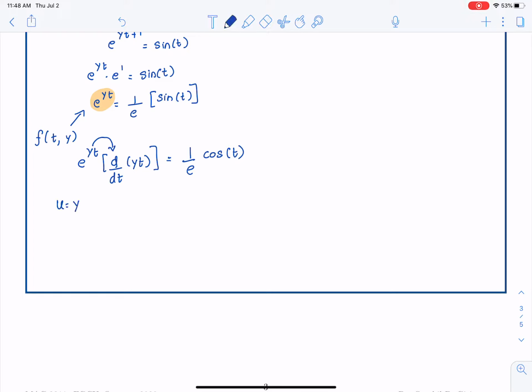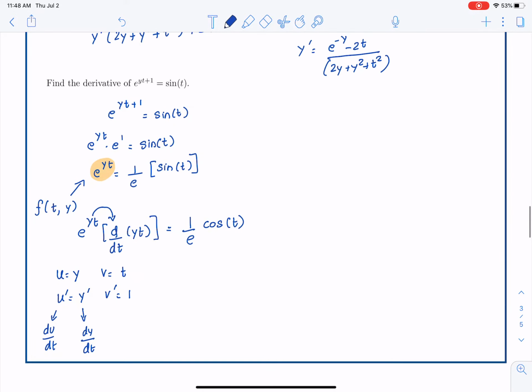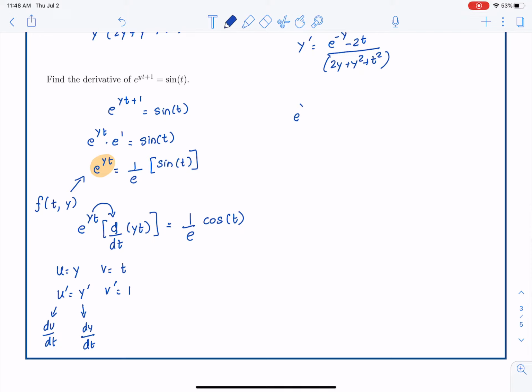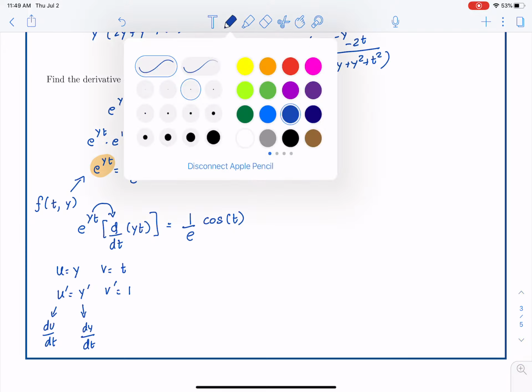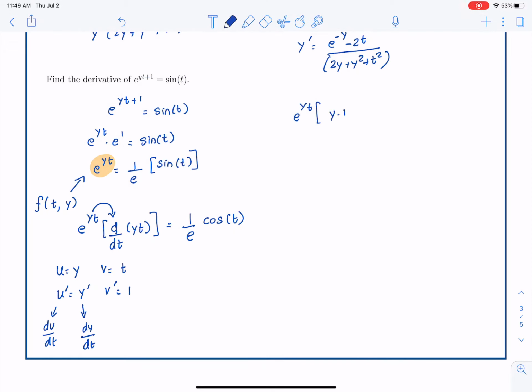So u is y, v is t, u prime is y prime, v prime is simply 1. So, in other words, du over dt would equal dy over dt. So the left hand side is e raised yt multiplied by u v prime, y times 1, plus v u prime, t times y prime, equals 1 over e cosine t.